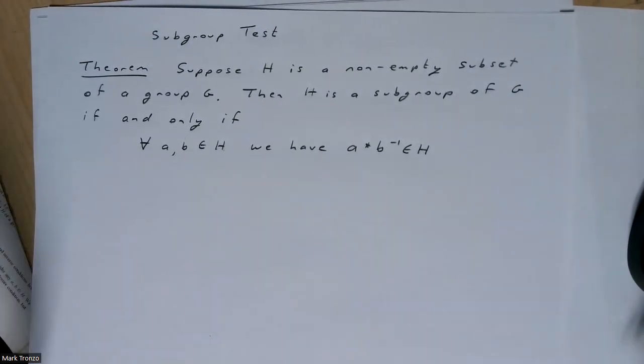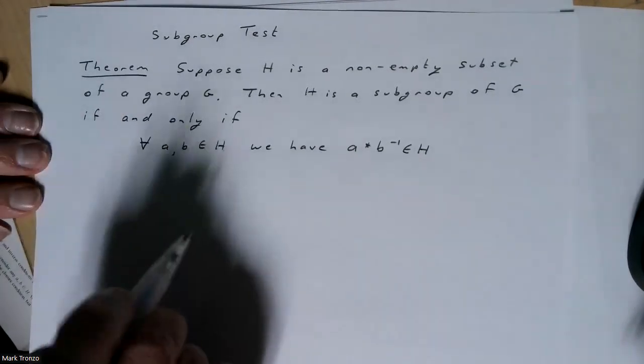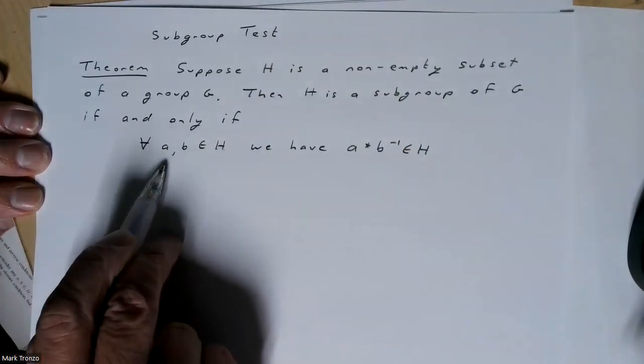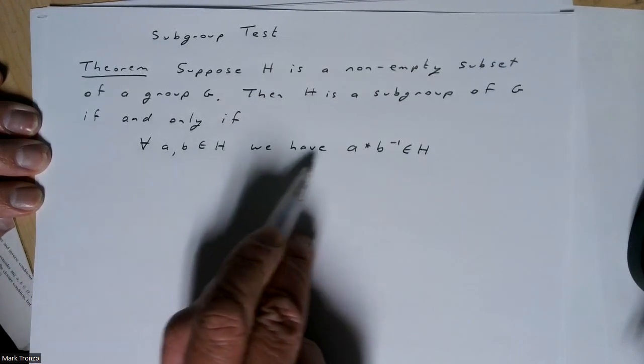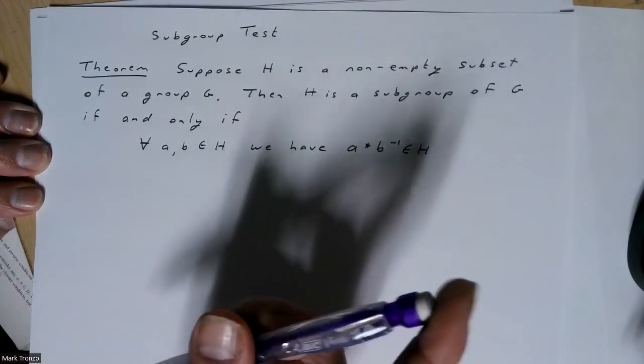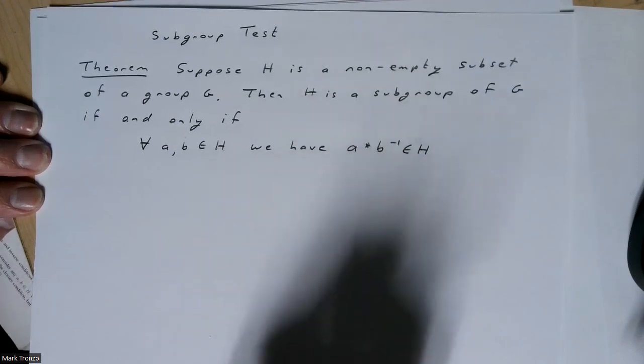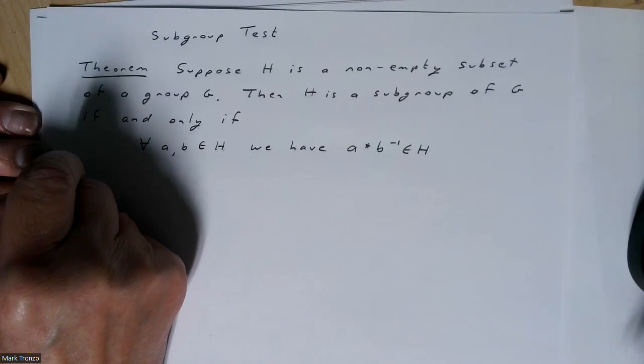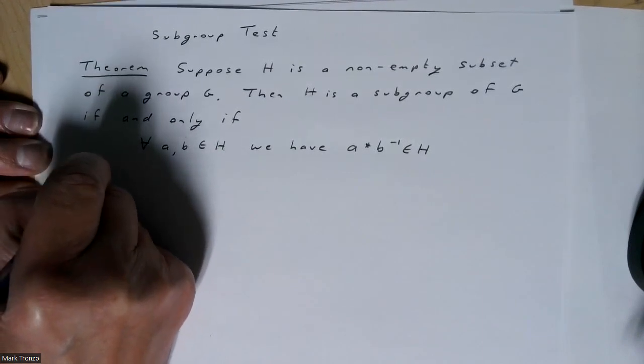So let's try to prove this. I'll prove it mainly in the one direction. I'll prove that if we have for all A and B in H that this is true, that basically shows that we can use the subgroup test. So let's do the proof.